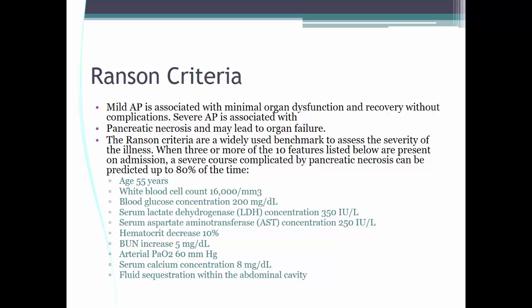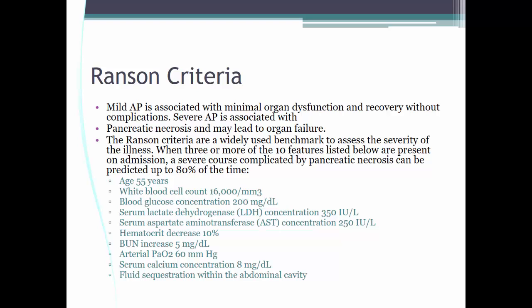Hematocrit has decreased more than 10%. BUN has increased more than 5%. The arterial oxygenation is less than 60, and serum calcium level 8, and fluid sequestration is more than 6 liters.